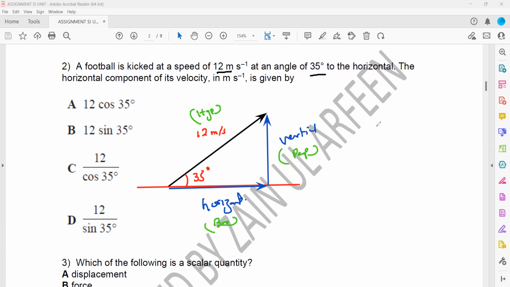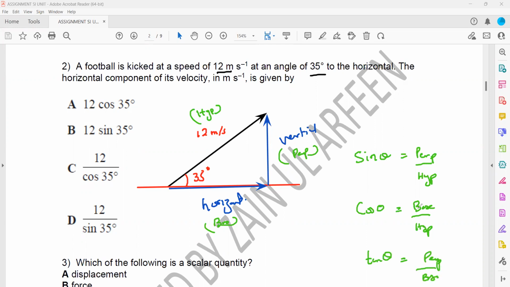The three trigonometric ratios which we have are: sine theta, which is perpendicular divided by hypotenuse; cosine theta, which is base divided by hypotenuse; and tangent theta, which is perpendicular divided by the base.